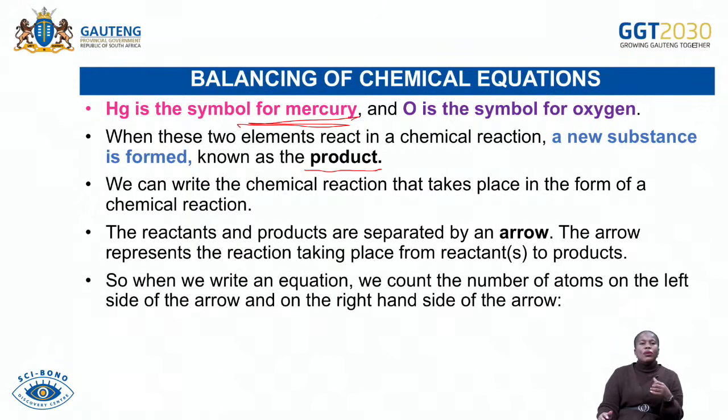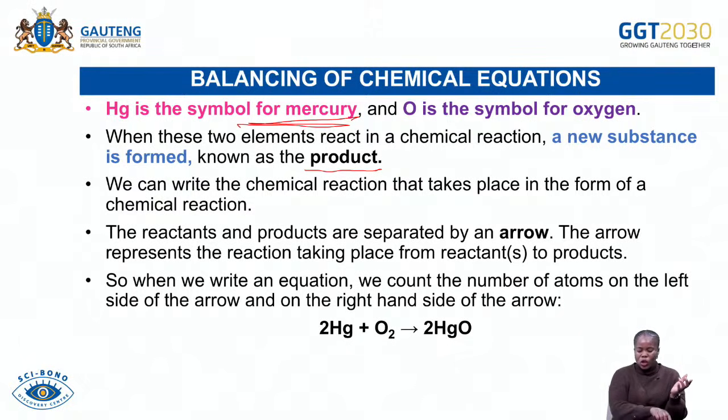So when we then write an equation, we count the number of atoms on the left, on the reactant side, and then we count the number of atoms of each element on the right hand side. So we look at the reactants, and then we look at the products, and we try to balance the number of atoms of each element. So let me just show you how a reaction would look.